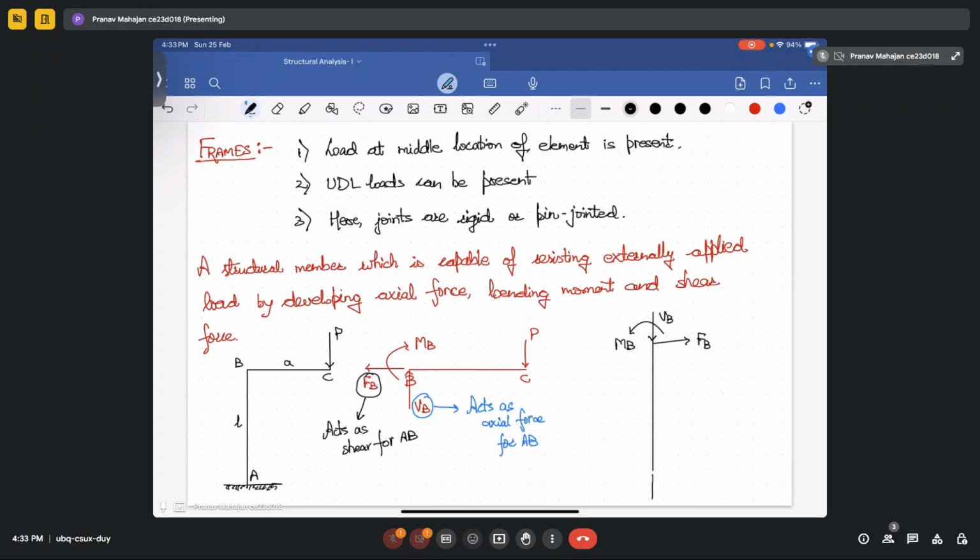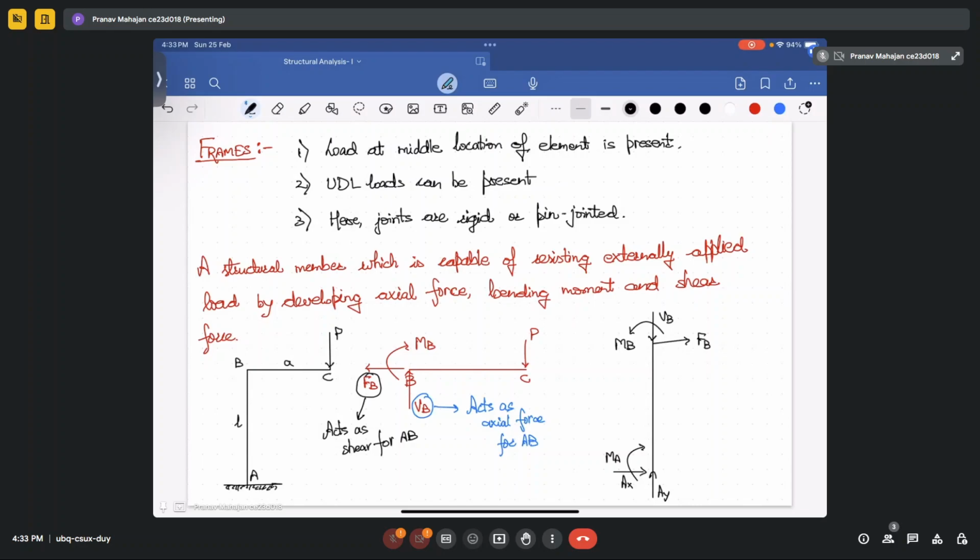From the reaction you will also have AY, AX, and your moment MA.